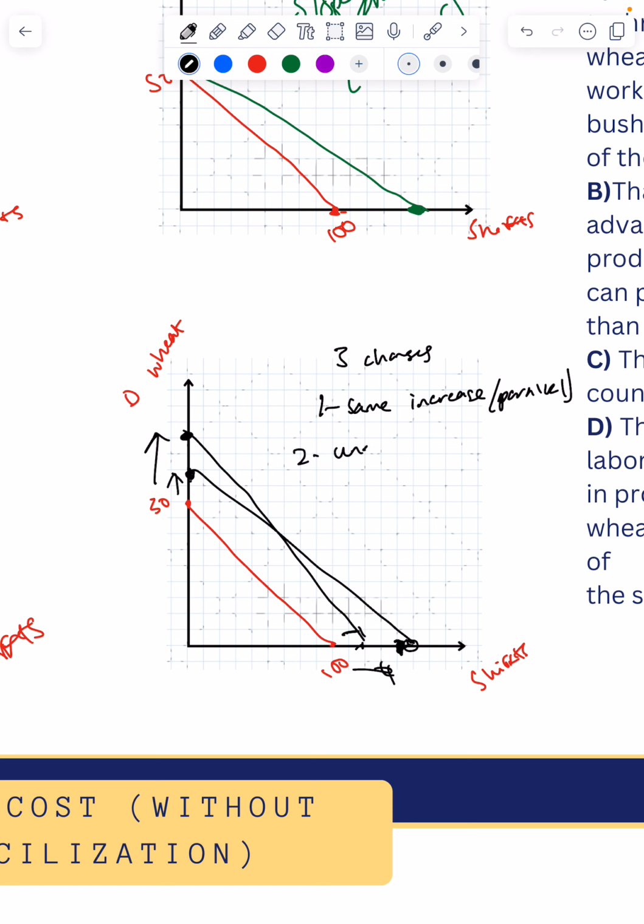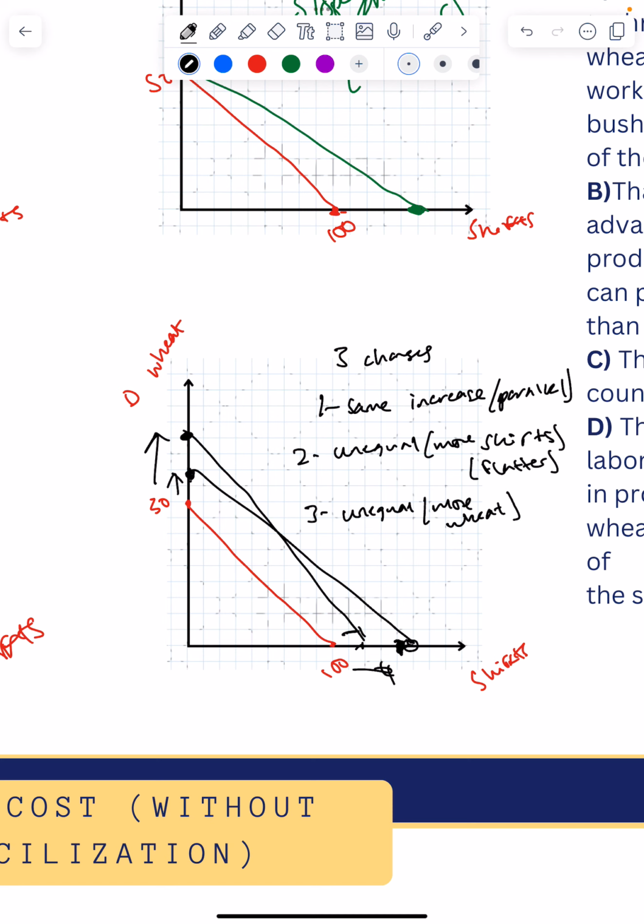And then there's an unequal, which is more shirts. And when we have more shirts, that means a flatter slope. And then an unequal with more wheat means a steeper slope.